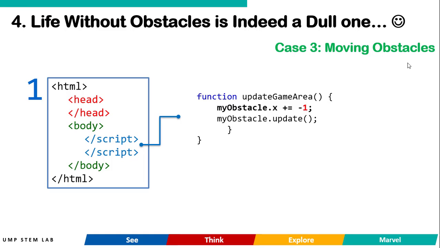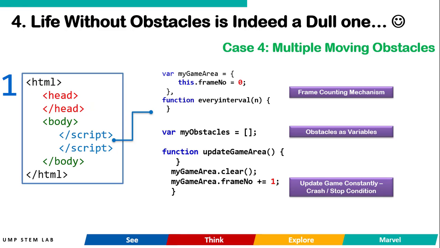Next, let's uplift the game a bit by having the obstacles move. The obstacle is no longer a danger when it is static, so we want to move it. Change the property value of myObstacle.x at every update by reducing the position: myObstacle.x equals -1.